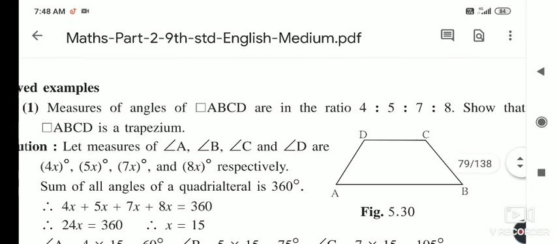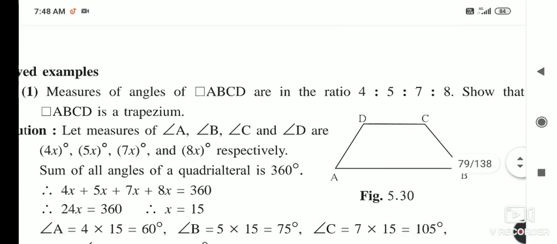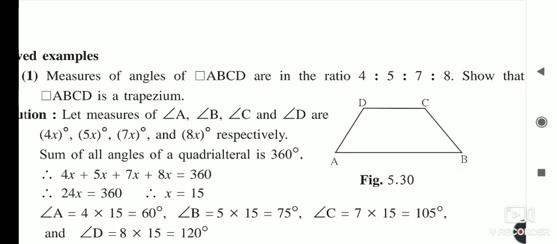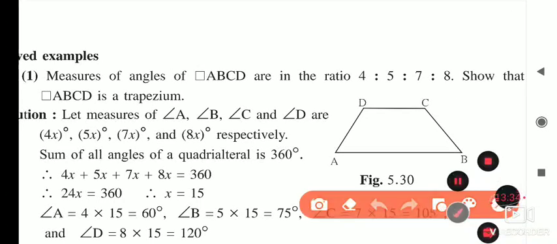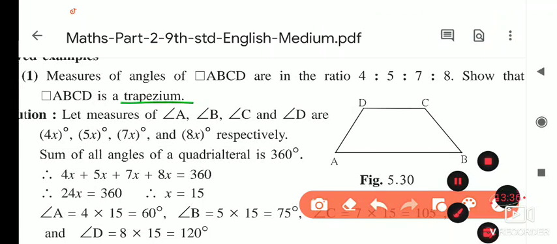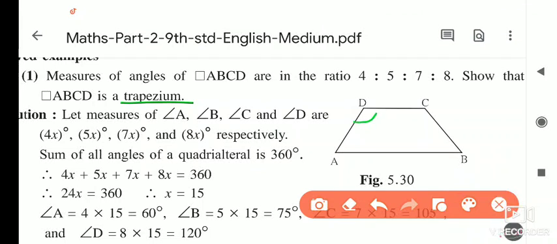Afterwards, the next question is to show that the given quadrilateral is a trapezium. To show it, you have to show that the sum of angles CDA and DAB is equal to 180, or that angles DCB and CBA measure 180 degrees.